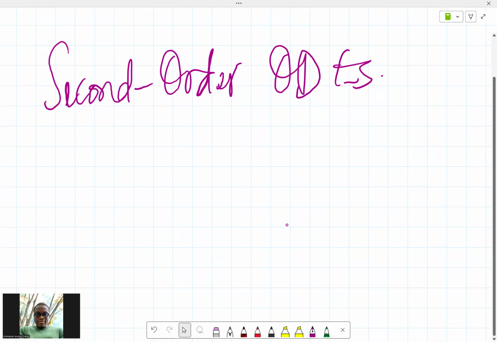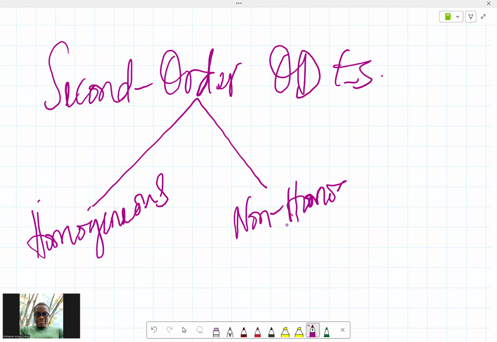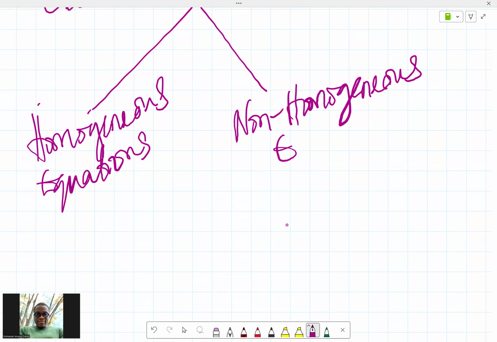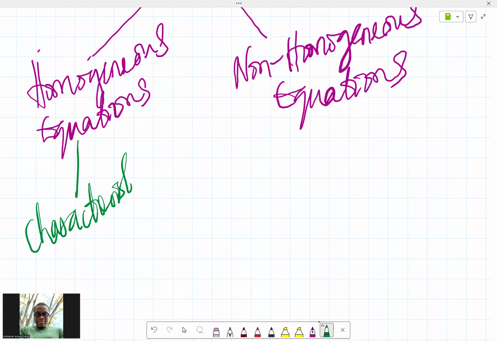We've seen that we can broadly classify them into homogeneous and non-homogeneous equations. And of course, to solve homogeneous equations, we saw that we could use the characteristic equation method. We saw that already.